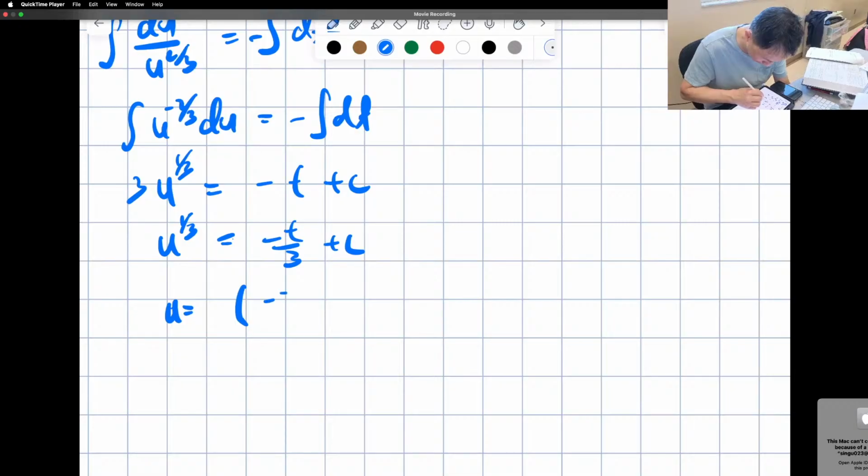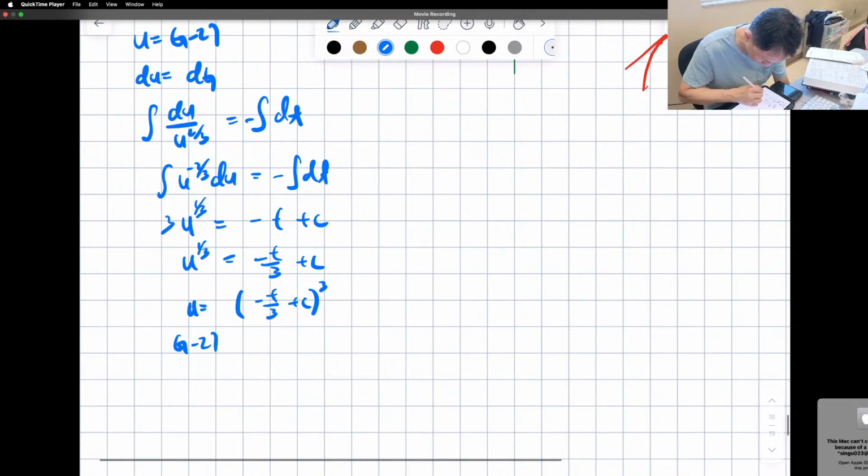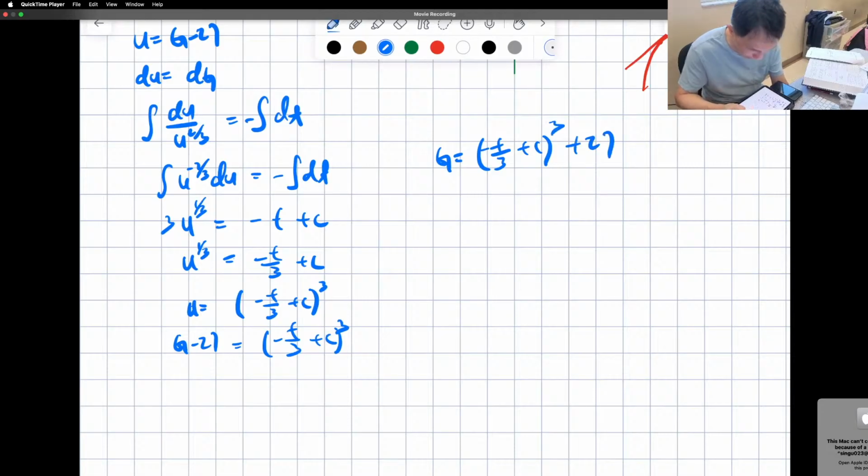So that's going to be (negative t over 3 plus c) to the 3. And then that's going to be g minus 27. So g minus 27 is equal to (negative t over 3 plus c) to the third. So g equals (negative t over 3 plus c) to the third plus 27. I'm going to plug in the initial condition.